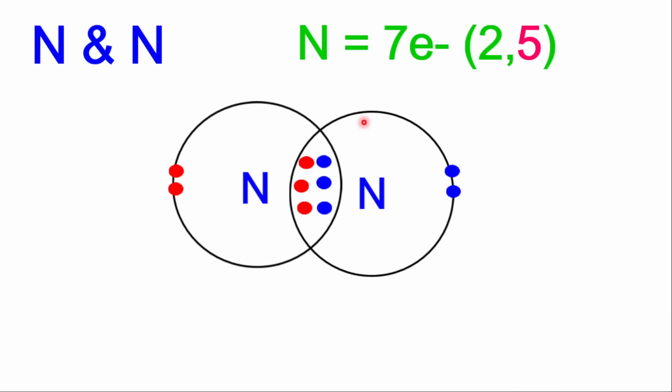Each of them gives the other what is required. This only applies when the atoms are the same. So nitrogen bonded to nitrogen is a triple bond, by the way. I will talk about that a little bit later as well. And that is the nitrogen gas, or nitrogen molecule.